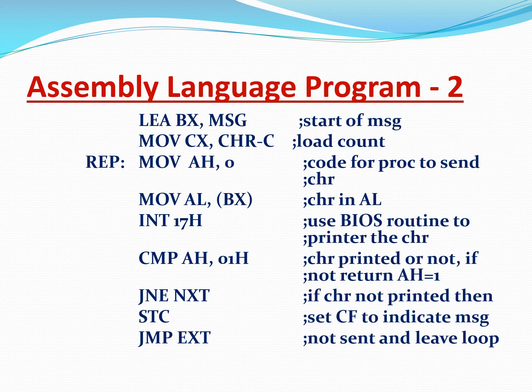And if the character is not printed, JNE NXT, then jump to NXT, and if it is not printed, then STC, set the carry flag to indicate that the message has not been sent, and jump to EXT and leave the loop, because it will be printed when the printer is all right or switched on.